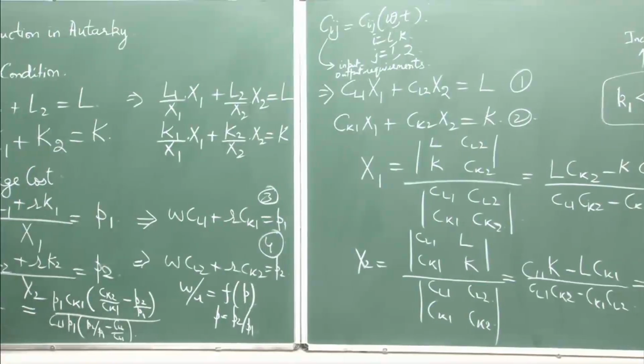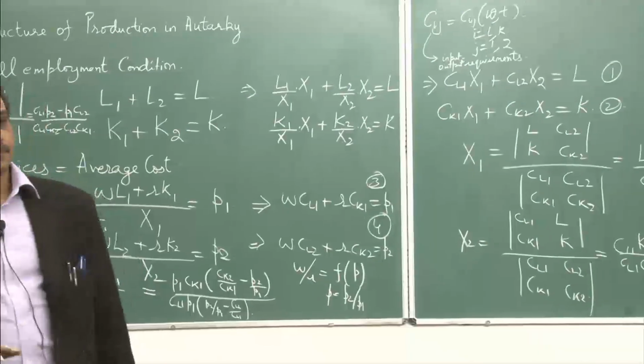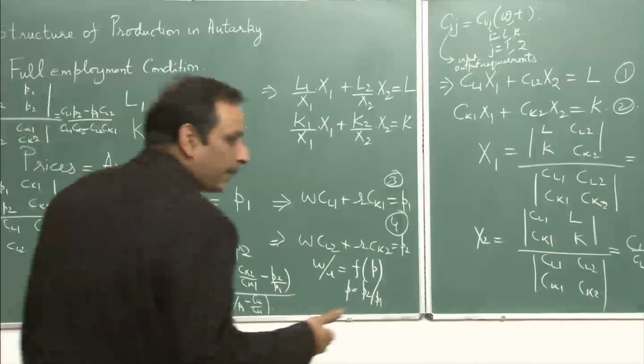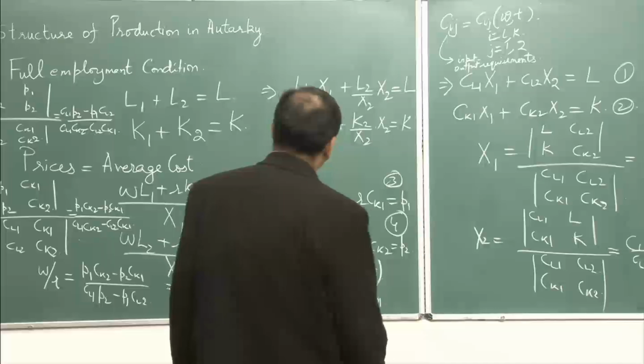Why? Because if omega changes, if the W by R ratio in a firm changes, then the capital labor requirements also change.